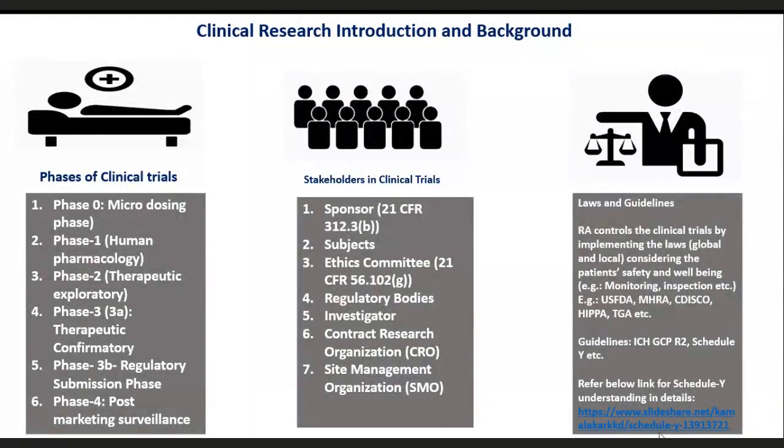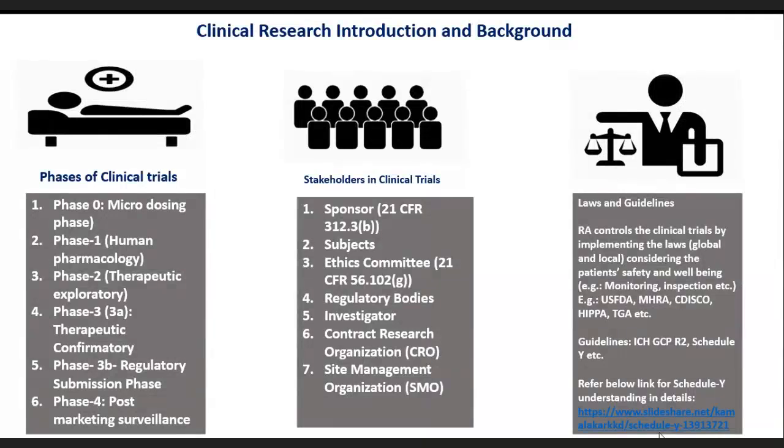That is called phase 3B, also called the regulatory submission phase. Once the regulatory body approves the submitted data, they okay us to launch the drug or vaccine in the market, and that is called post-marketing surveillance.